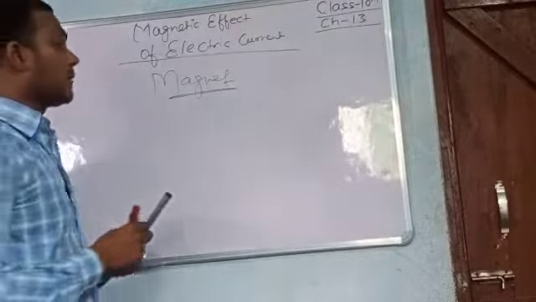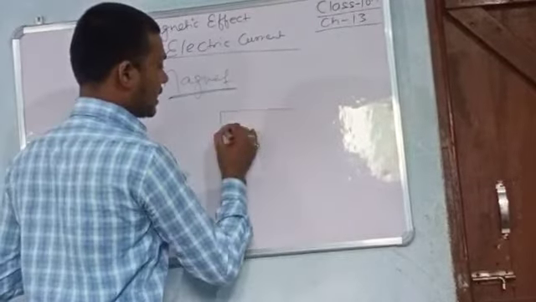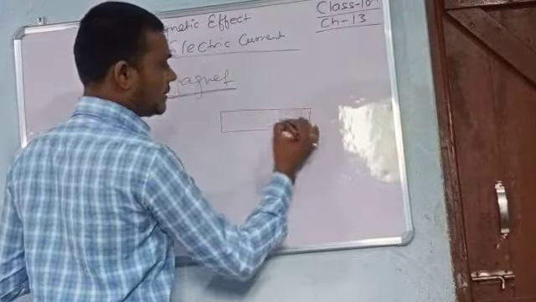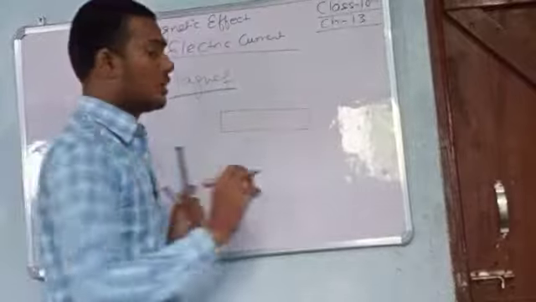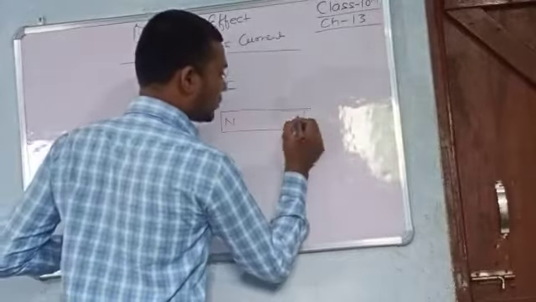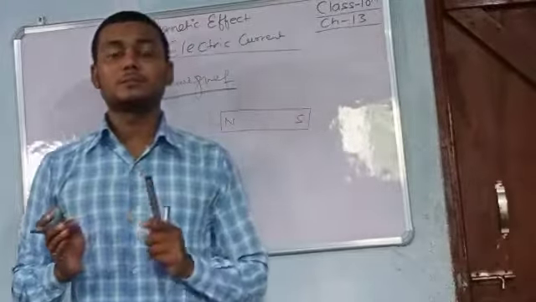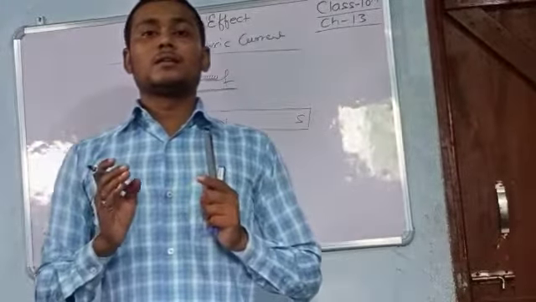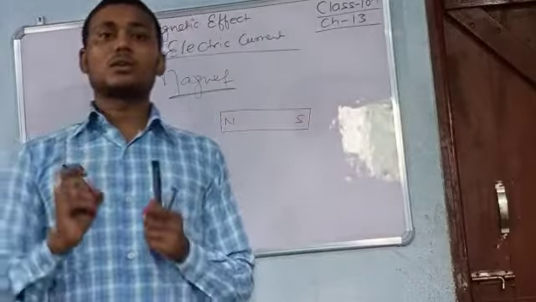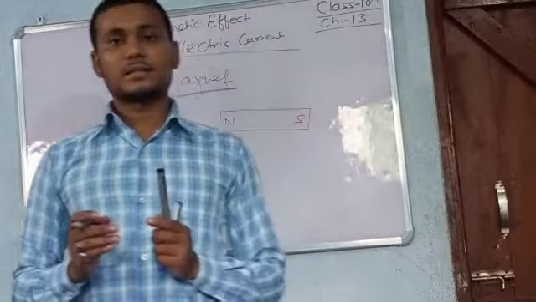If we take a bar magnet, a rectangular-shaped magnet, it has two poles, a north pole and a south pole. First of all, a magnet is a substance which attracts or repels another substance.